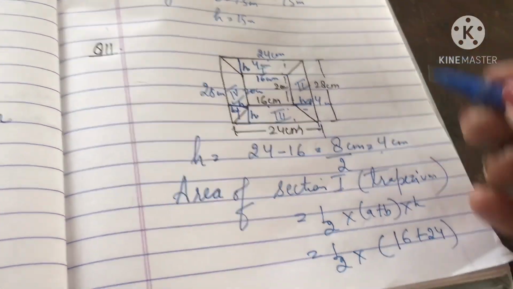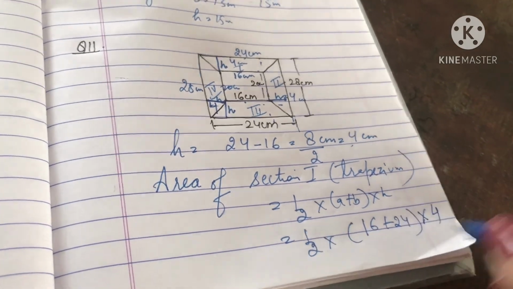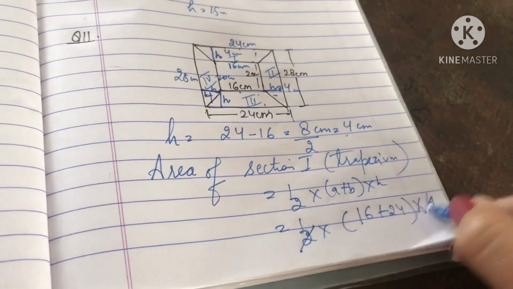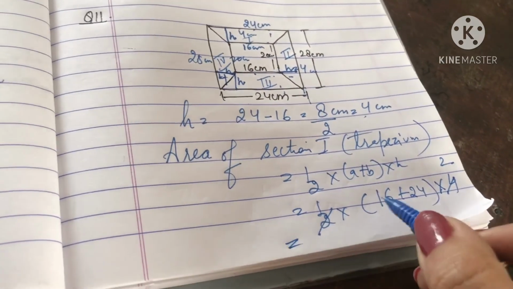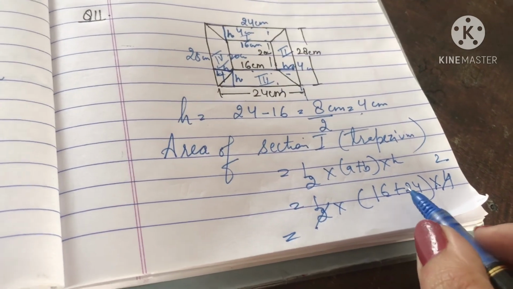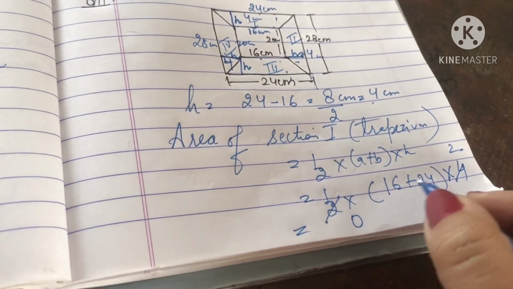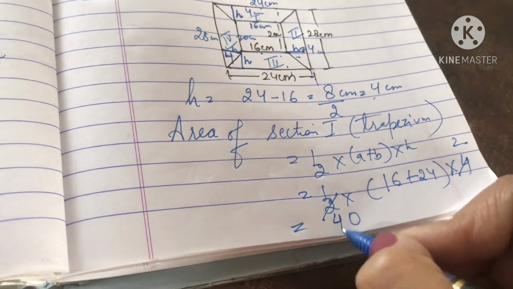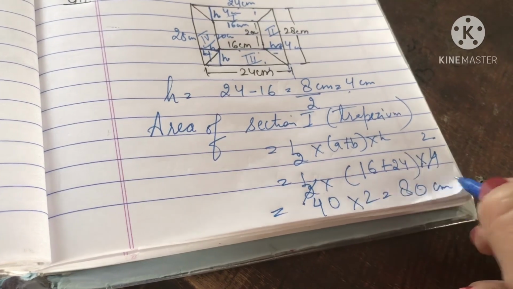A and b you can put any, doesn't matter. H is 4. Now 2 twos are 4. You can't cut these two because these are within the bracket. Now you can add 24 and 16. So 6 plus 4 is 10, 2 plus 1 is 3 and 1 is 4. 40 into 2 is going to be 80 centimeter square.